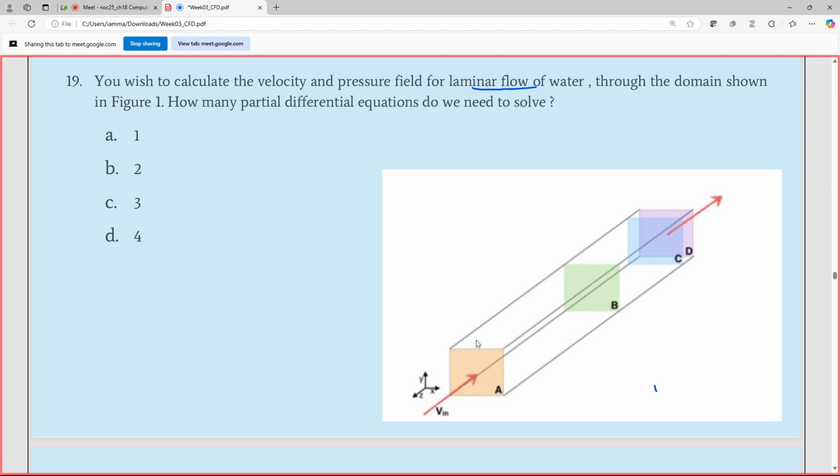The domain shows a rectangular duct of constant area. So how many partial differential equations are needed to solve this problem?